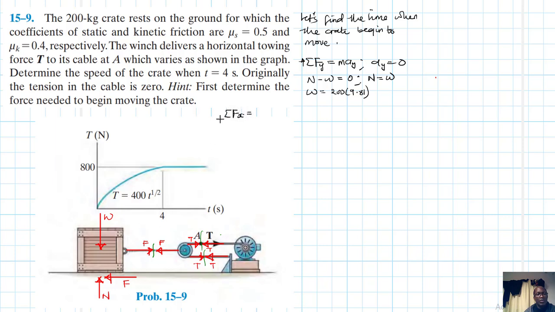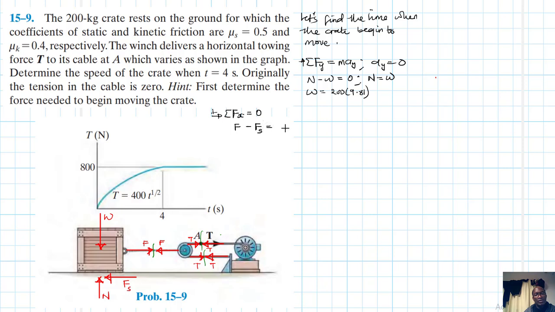Again here we just want to find the time when this particular object will begin to move, so it's not accelerating. So this just gives us F minus Fs equal to 0, where we call this Fs now.